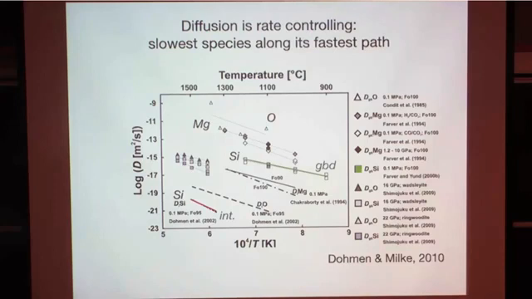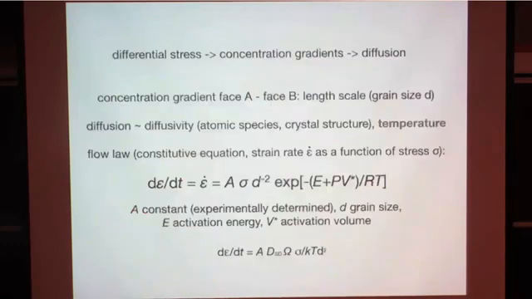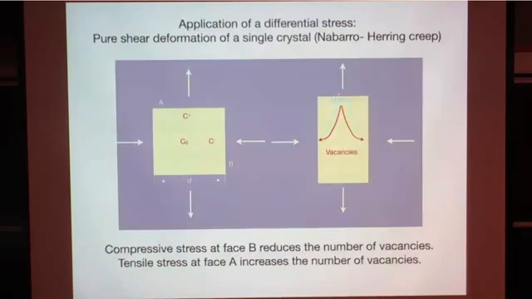So there's grain boundary diffusion, and it turns out that if we do experiments and fit our data to the grain size that we measure, we don't have an exponent of 2, we have an exponent of 3. And again, that exponent of 3 for the grain size falls out if you do the geometry of diffusing along grain boundaries. So instead of diffusing through the interior, you diffuse along the grain boundaries.